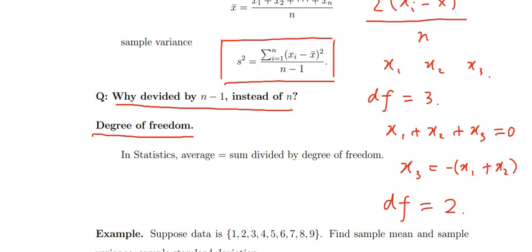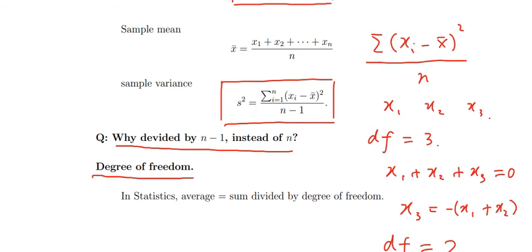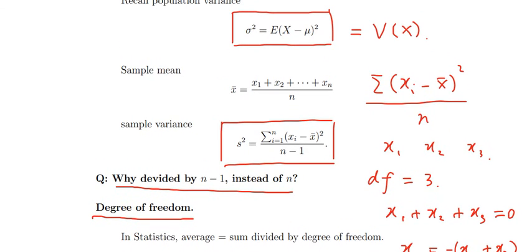Okay, so let's go back to explain why we divide by n minus 1. We have those numbers: x1 minus x bar, x2 minus x bar, and xn minus x bar.